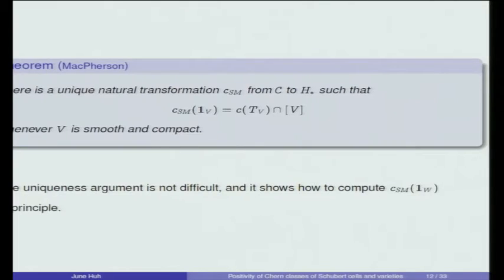But if you believe that such a theory exists, then uniqueness is not so hard to see.